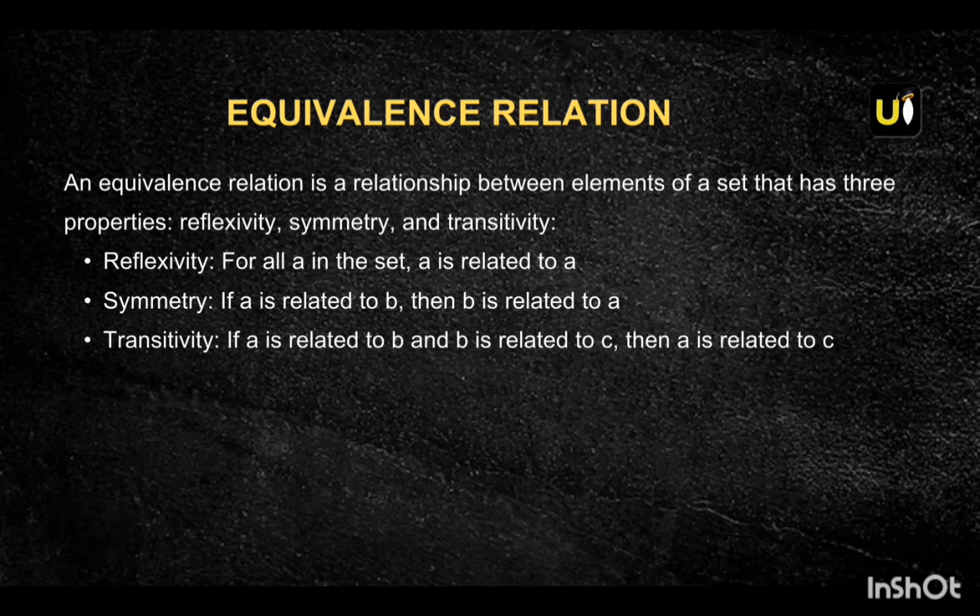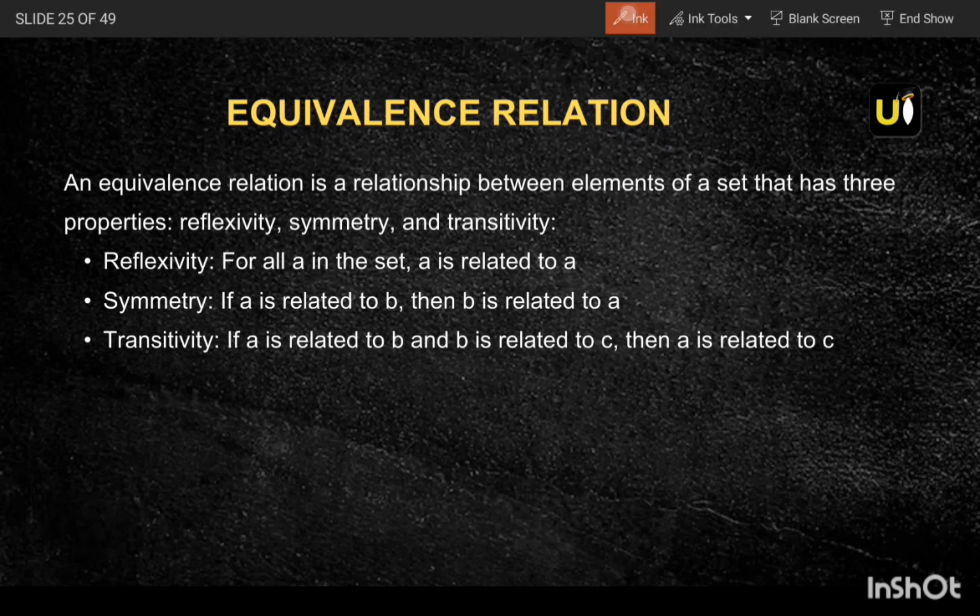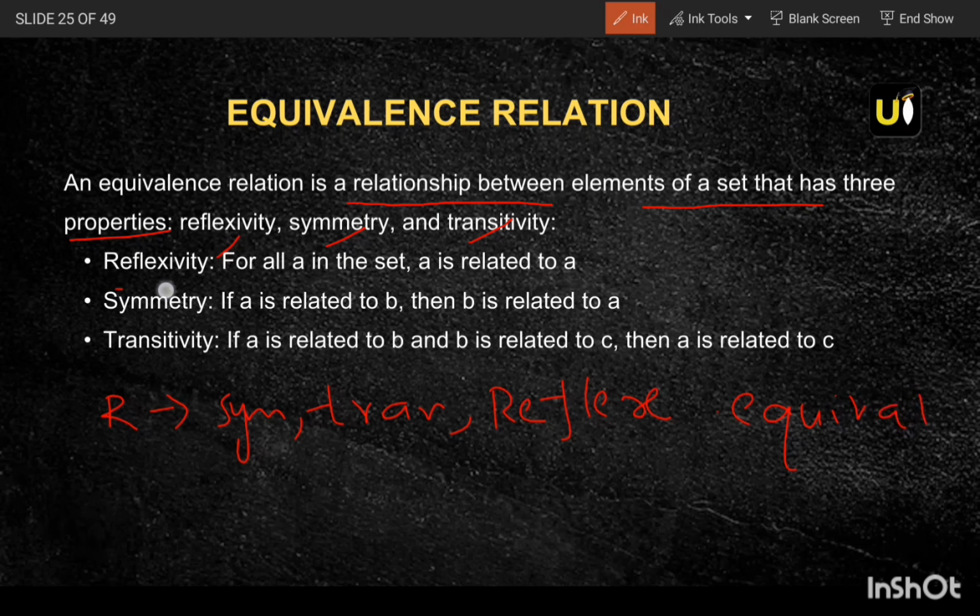Next, equivalence relation. Equivalence relation is a relationship between elements of a set that has the three properties: reflexivity, symmetry and transitivity. That means a relation which is symmetric, transitive and reflexive is considered as an equivalence relation.